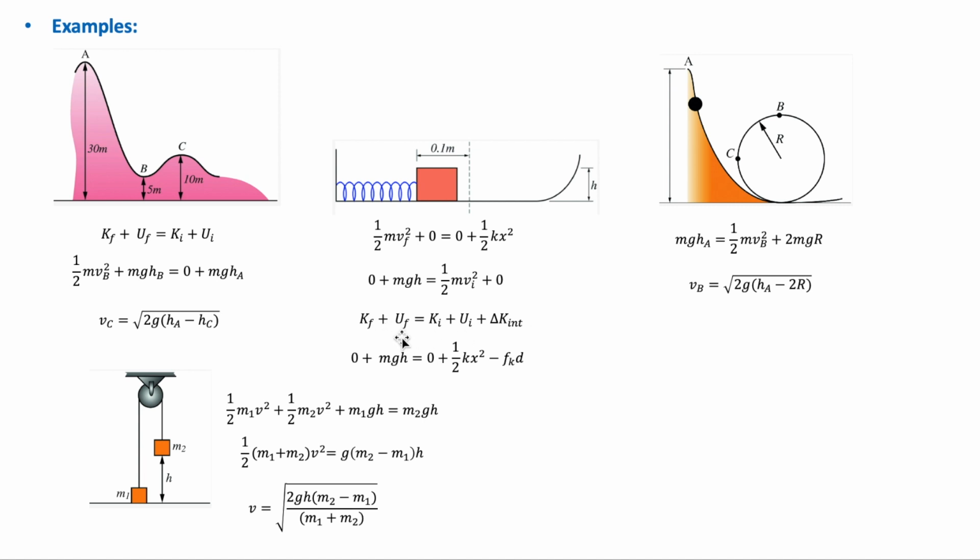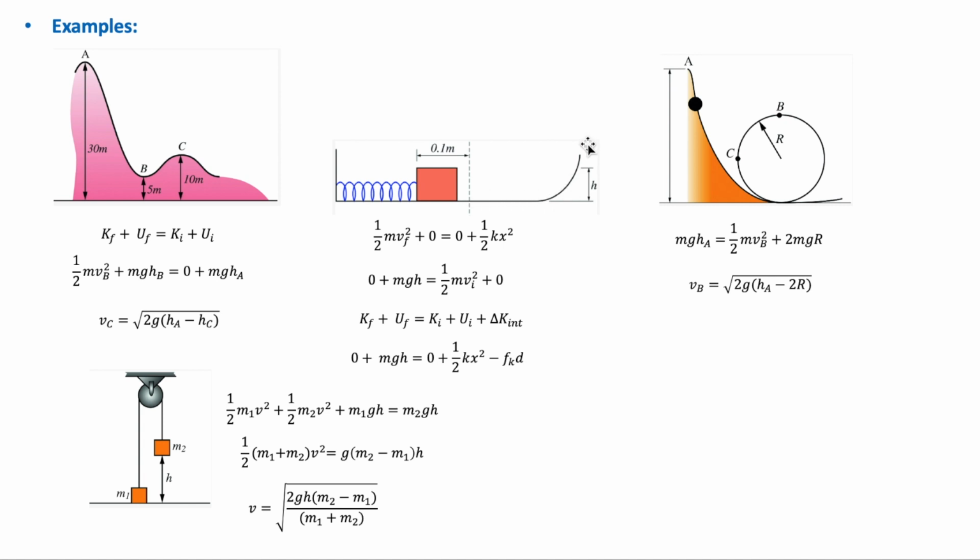So if we want to find the maximum height, and let's suppose we take the initial position the moment the spring was still compressed, then the initial kinetic energy is 0. This is the initial potential energy. And the kinetic energy decrease of the block due to friction is equal to minus f_k d, where d is the length of this track.